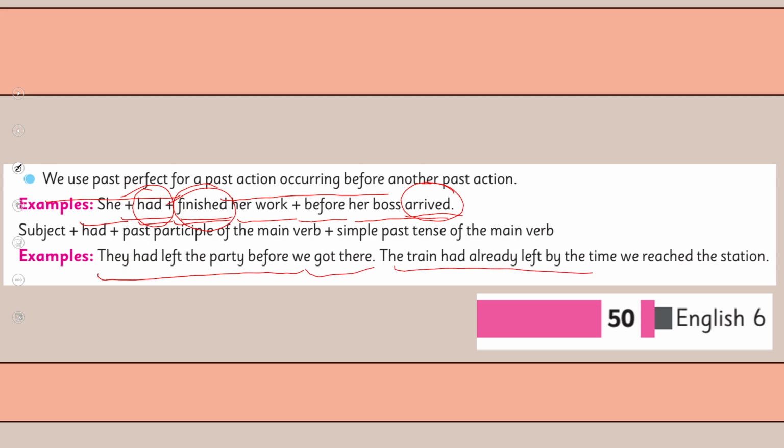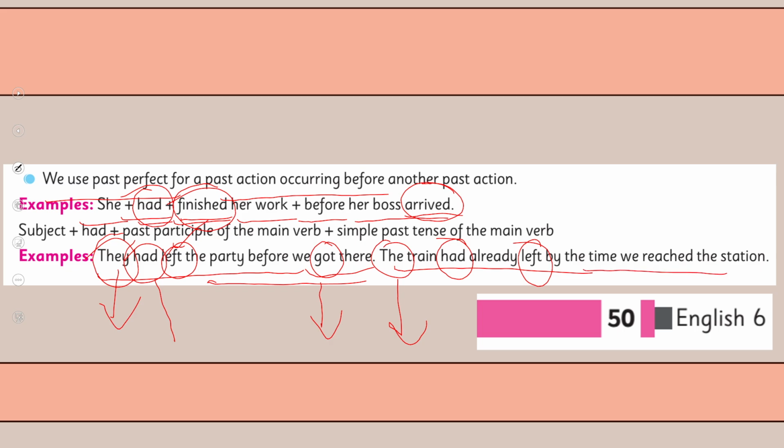The train had already left by the time we reached the station. Notice the similarities. Your subject, it could be a noun or a pronoun, then had, the past form of have, then the past participle of the verb leave, and the party before we got there, and this is also a past form of go.